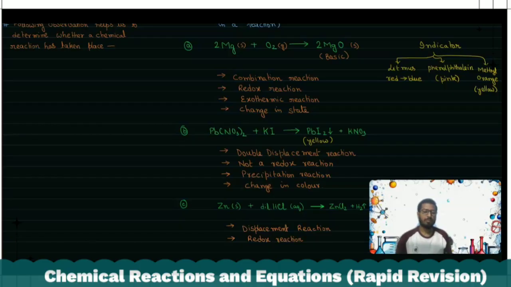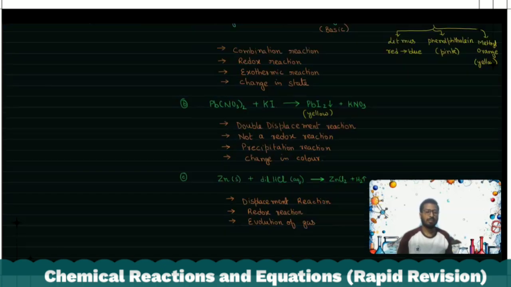Then what can we write in this reaction? Now hydrogen gas is liberated, and hydrogen gas will burn with a pop sound. So we can write over here evolution of gas is taking place.